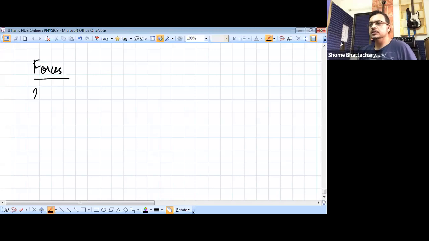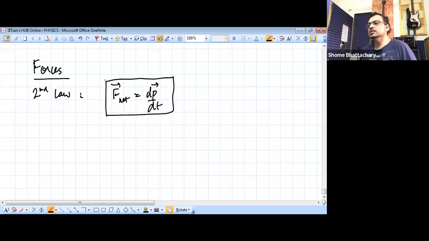So the second law has given us this relationship that the net external force acting on the body is equal to the rate of change of its linear momentum. But the question still remains: what exactly is force? This is talking about net forces. So even if you know all the individual forces acting on a body, it doesn't really define what force in itself is. So we have to understand what a force is.